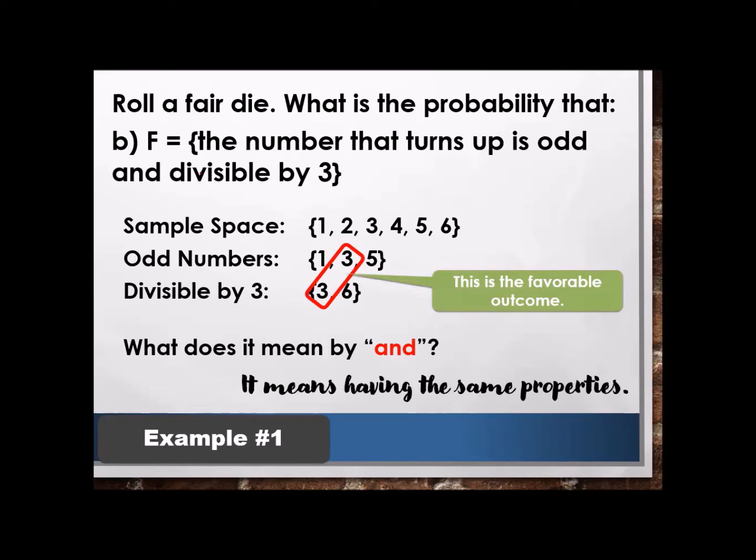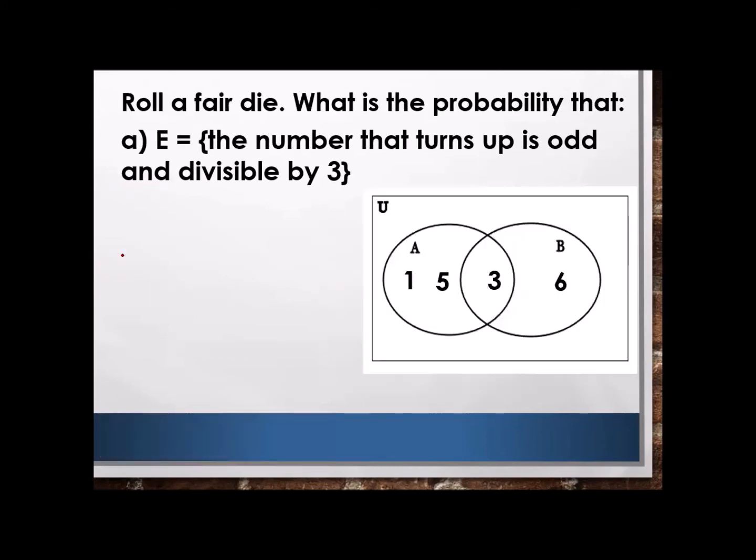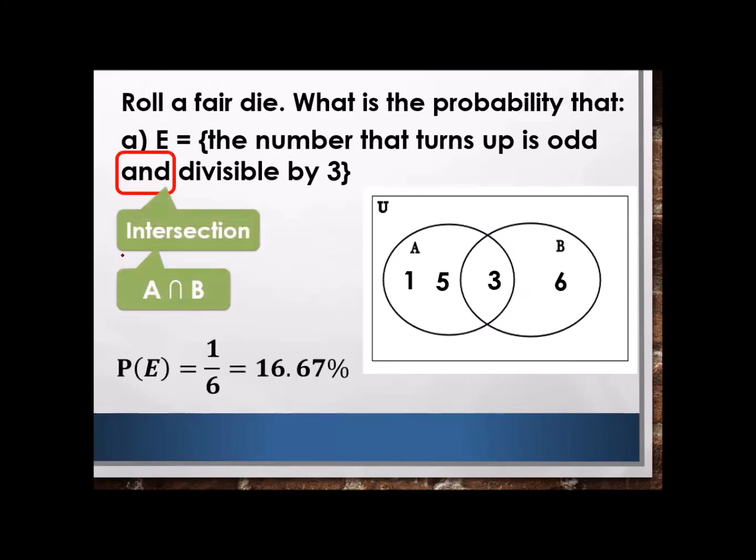Kasi ang sinabi, end. Dapat odd number na siya at the same time, divisible by 3 din. Okay? So, kung gagamitan natin ang Venn diagram, and that is in the intersection, sino lang ba yung nasa intersection? Si 3, which is 1 out of 6 or 16.67%.